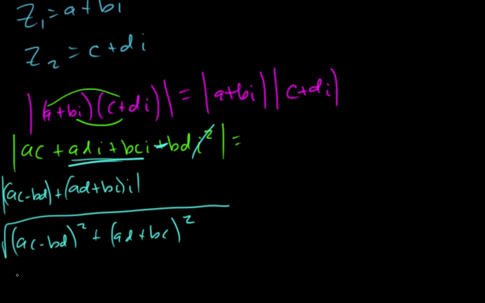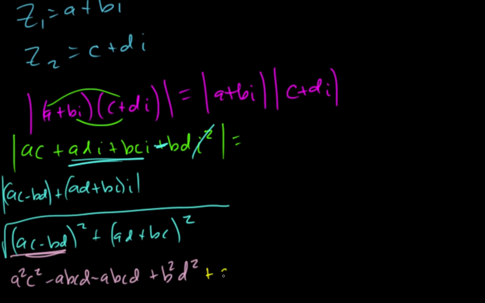And if we do that, we get a squared c squared minus abcd minus abcd, and then plus b squared d squared. So that was just that piece.